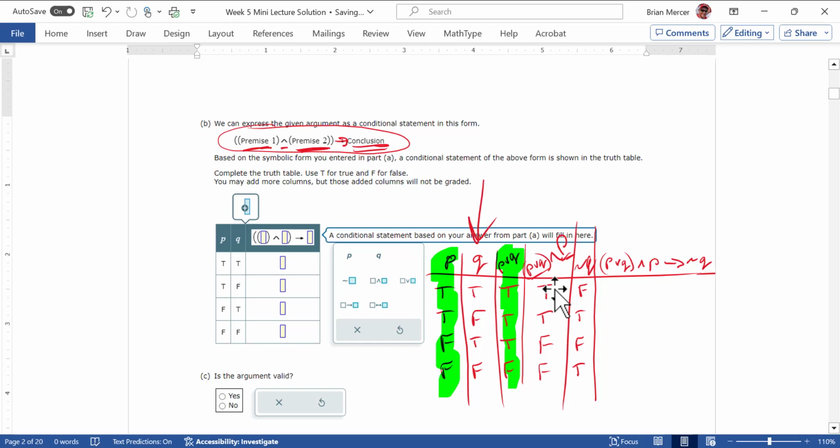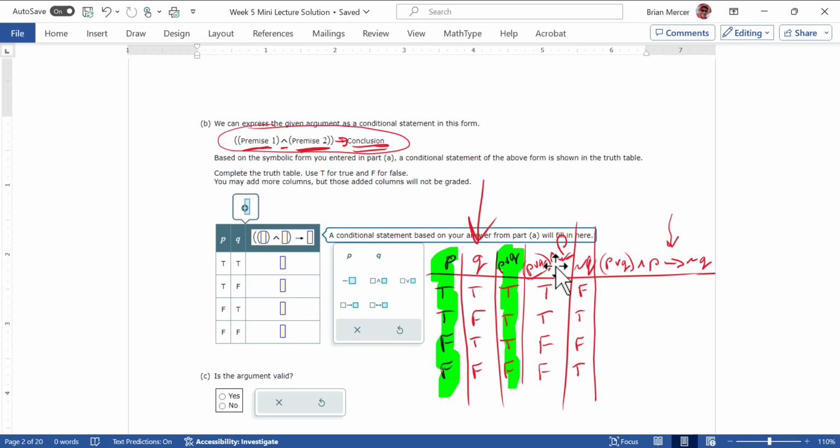And now finally, to evaluate this overall conditional statement, which is the argument that we're trying to see, we know that a conditional statement, so I'm really just focusing on the two sides of that conditional.